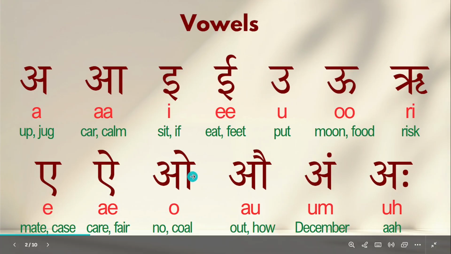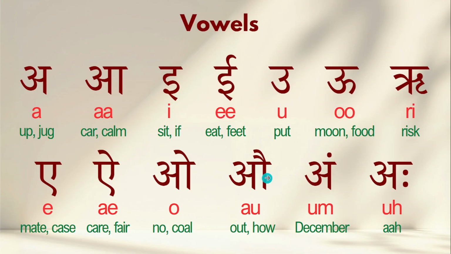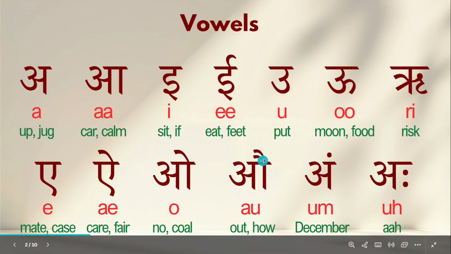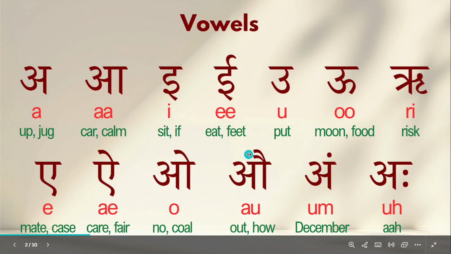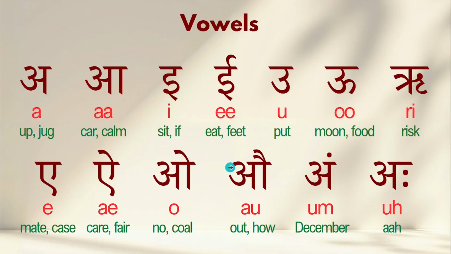Okay, next is o. O would be in words like no, coal, moan, shown, things like that. Then there's au. It's not exactly o, but it's more like o. It's like out.